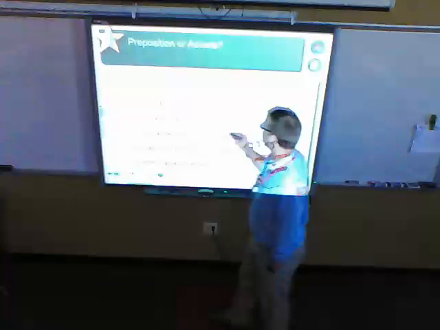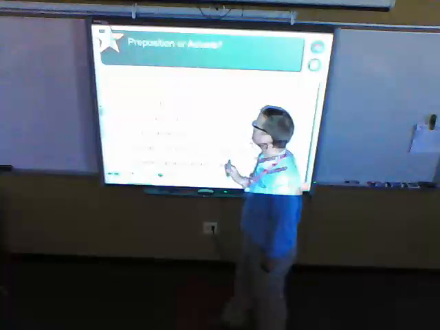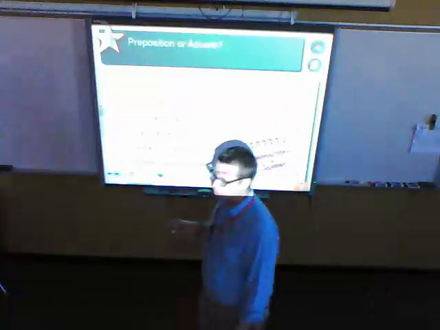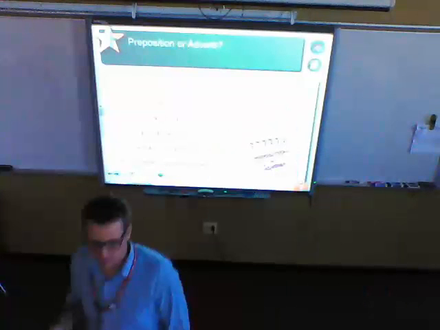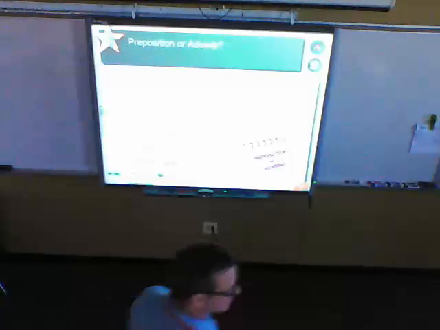In this case, around, sometimes the words that we can use for prepositions can also be adverbs. They can work as adverbs. In this case, around is an adverb. It's describing either a verb, an adjective, or another adverb.